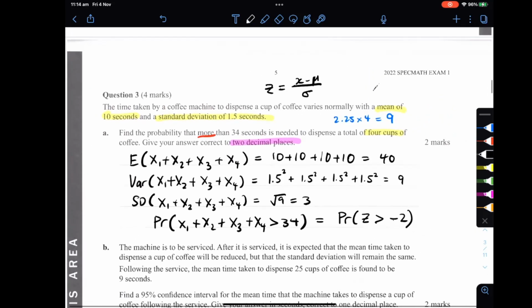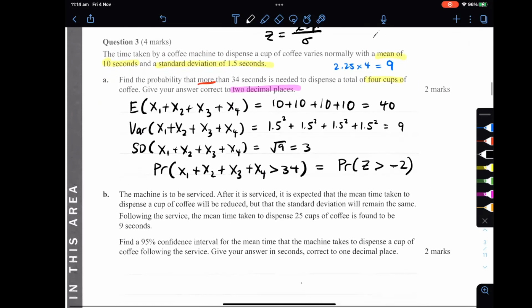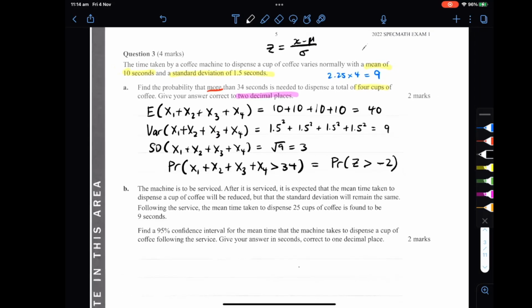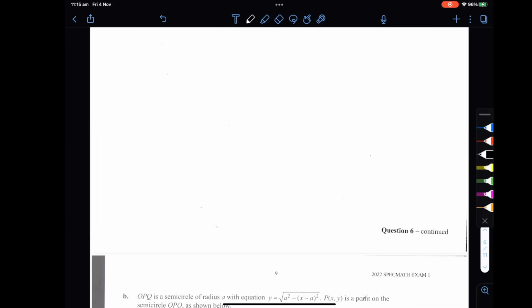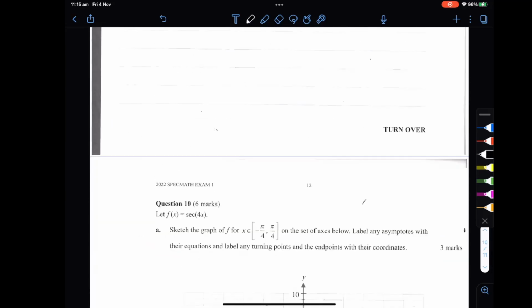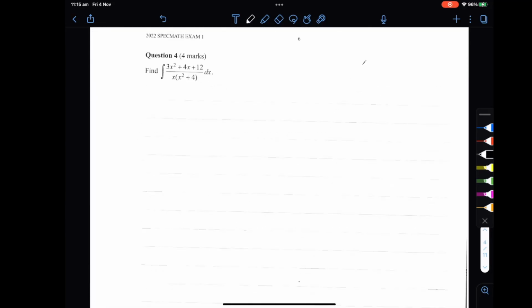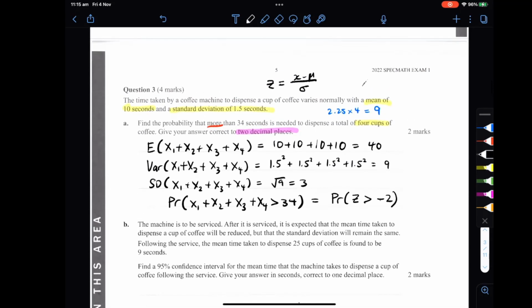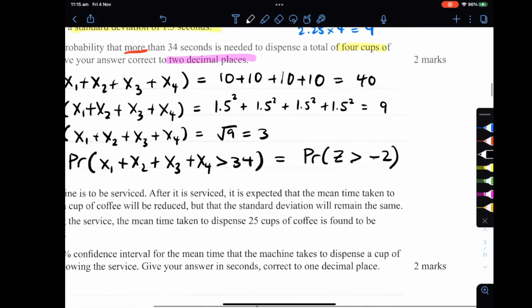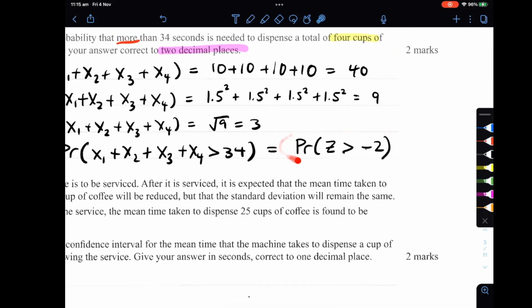Did I give you any critical values here? No, I don't think so. Wow. So okay, you need to actually memorize your critical values for 1, 2, and 3 standard deviations.